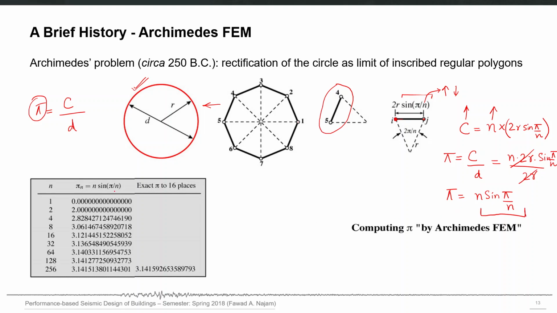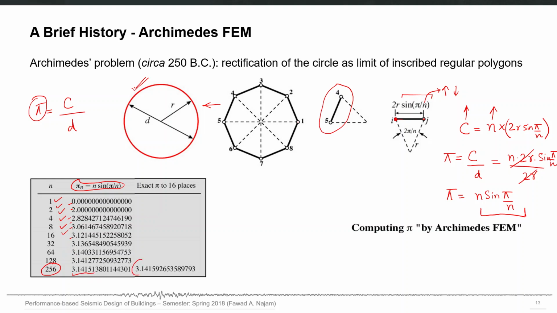So here you can see that pi is equal to n times sin(pi/n), and for different values of n, for increasing values of n, you can see what we are getting from n sin(pi/n). And for very large values of n, like for example 256, we are getting a value which is very close to the real value of pi.